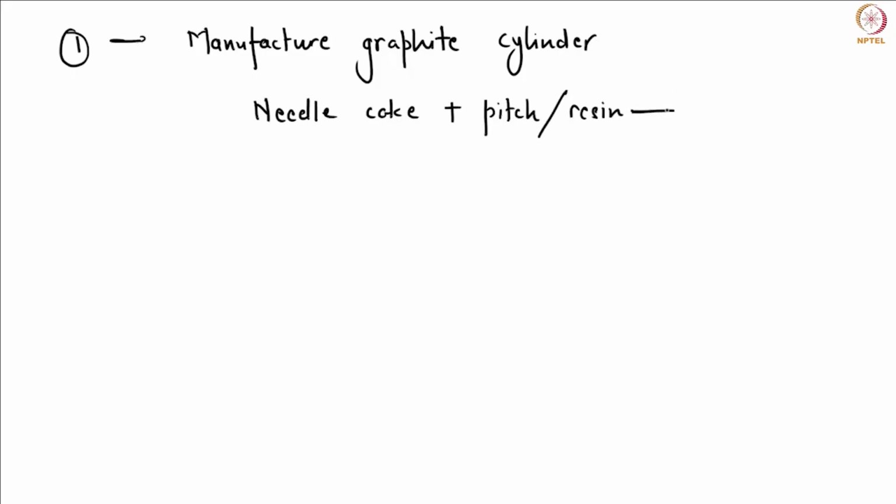This you can see in the needle coke lecture. You will first heat treat it at lower temperatures, say 1000 degrees, and then you will have to perform the pore filling operations, and finally you have to go to very high temperatures, let's say 2600 degrees Celsius, for getting the graphitization.